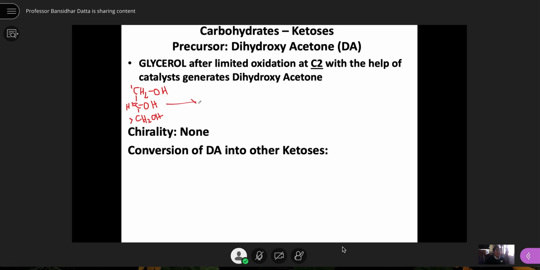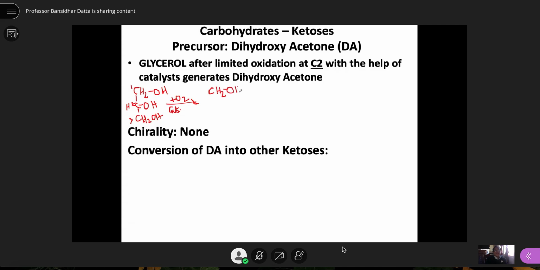Now, when we made glyceraldehyde, we did limited oxidation at the C1 carbon. Now we go to glycerol with limited oxidation at carbon number 2, plus oxygen and a catalyst. It is a limited, selective oxidation.